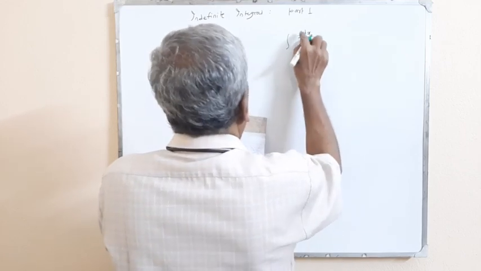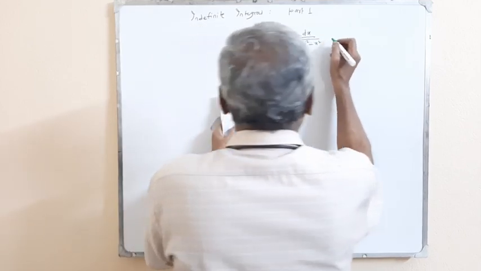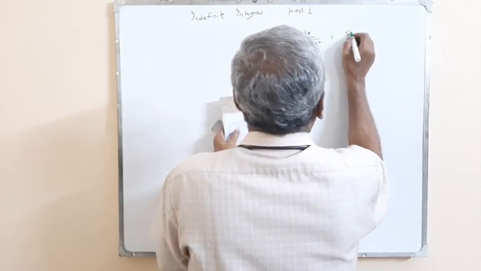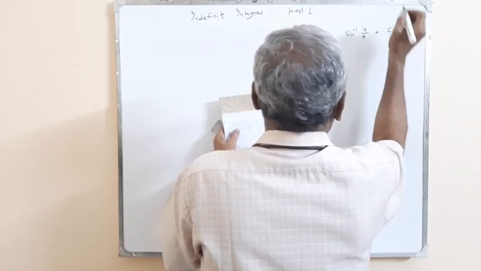The function is 1 upon square root of a square minus x square, and it is equal to sine inverse x by a plus the integration constant.